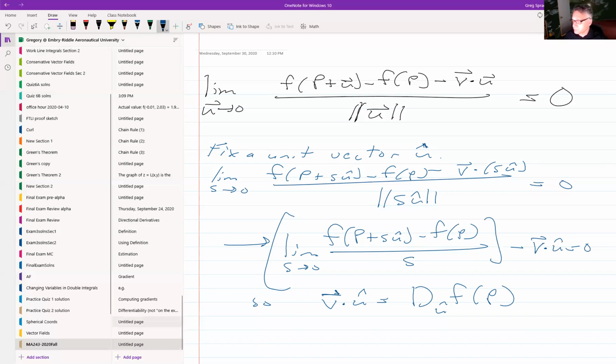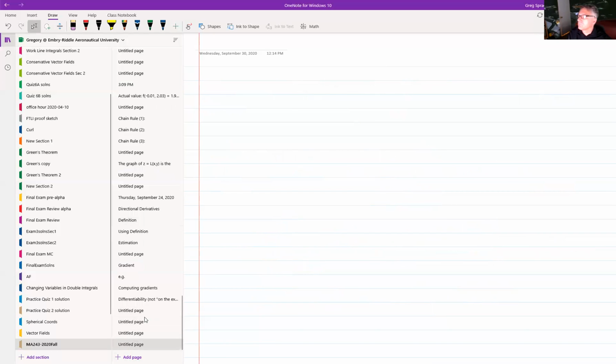Finally, I'm going to verify that the gradient has the correct length. So this vector v, which is actually the gradient, satisfies the following.